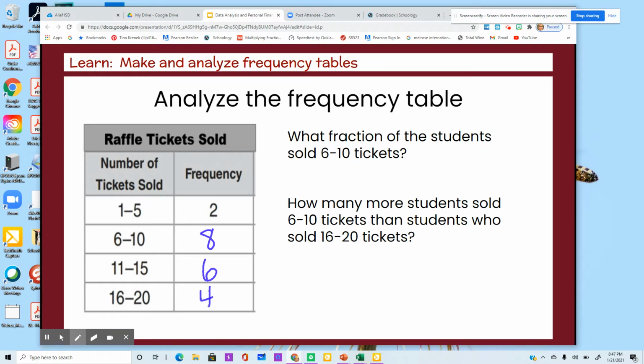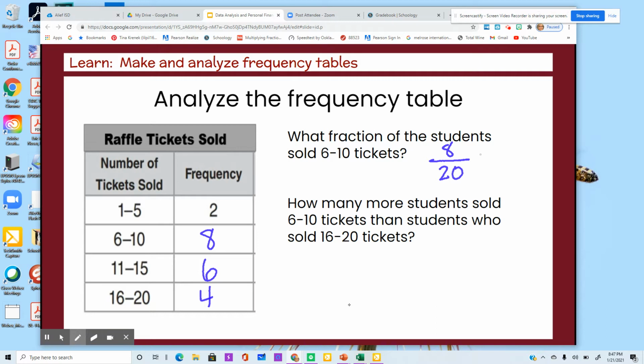What fraction of students sold 6 to 10 tickets? Well, how many students were there altogether? 20. And we could add up our frequency. We have 4 plus 6 is 10, plus 8 is 18, plus 2 is 20. So my denominator is going to be 20, and my numerator is 8, because between 6 to 10 is 8.